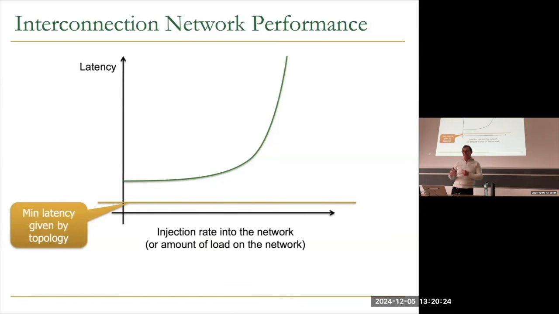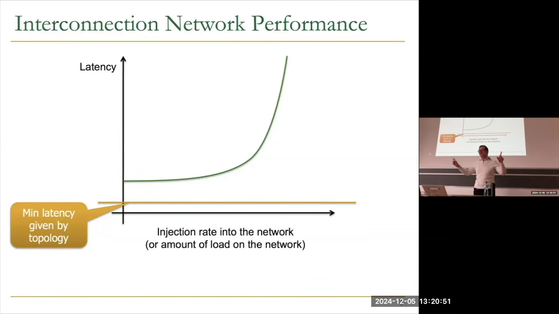But before I go into that, I should say that the latency you get for a given access pattern, for a given injection rate, is really determined by all of the design choices that we discussed. So you have some minimum latency given by topology. If your topology is, for example, point-to-point, where every node is connected to every other node, that latency is probably the minimum latency you will ever get.